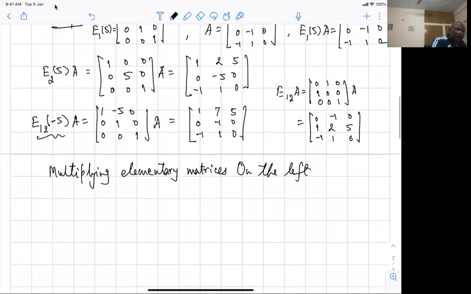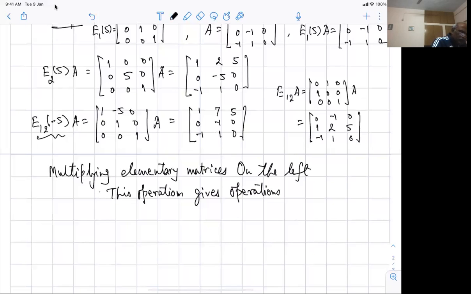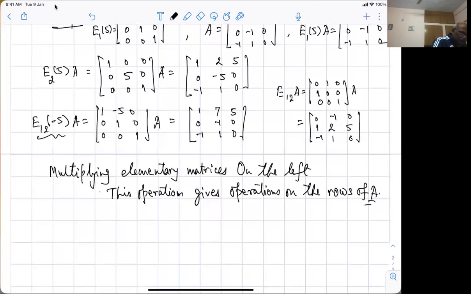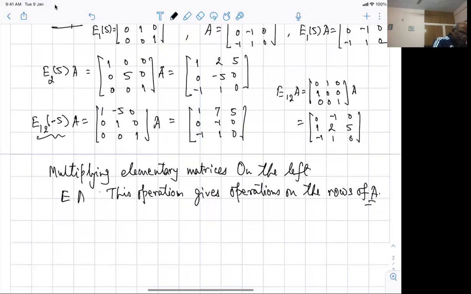So what you have seen is that when I multiply matrices on the left, this operation gives operations on the rows of A. That's important. This means, so I'm looking at elementary matrix E times A, and this is what it does. So E gives an operation on the rows of A.